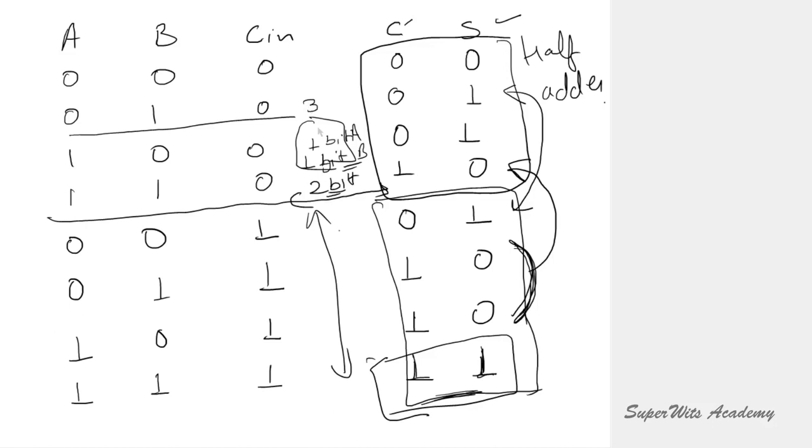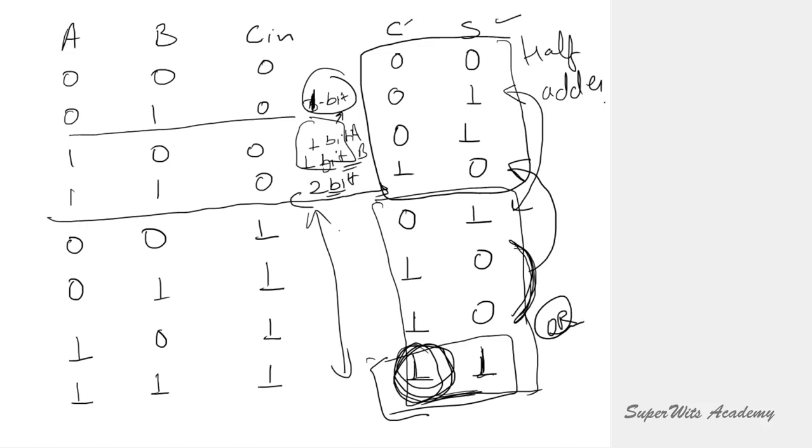So the output from these 2 bits can be added to the other 1 bit of the carry. That means we can utilize 2 half adders in this context, and to maintain the carry part, because we also need to take care of this particular case, we can use an OR gate at the end, right?